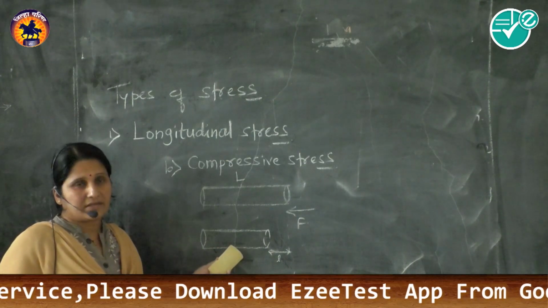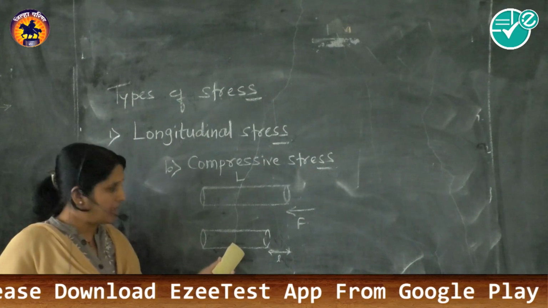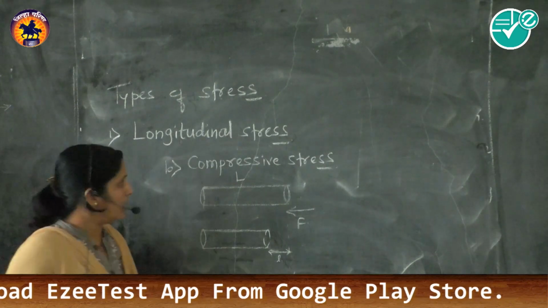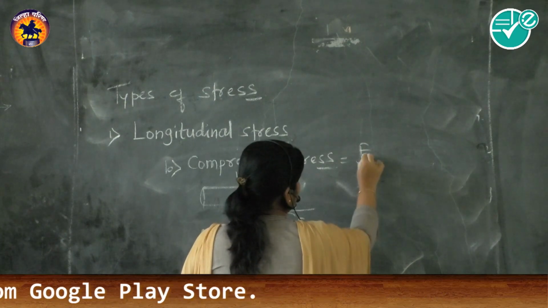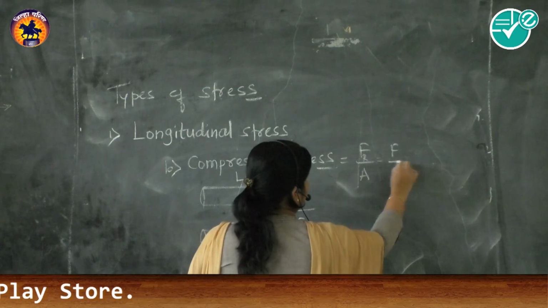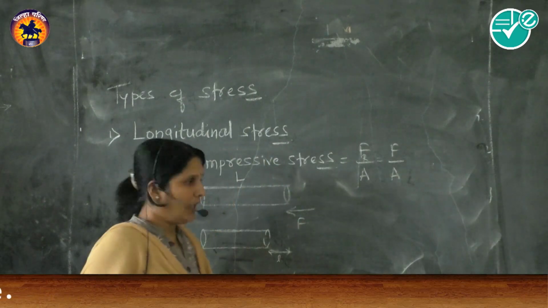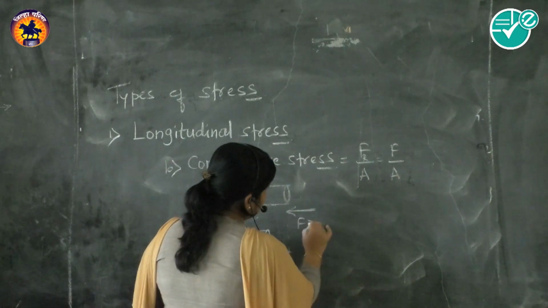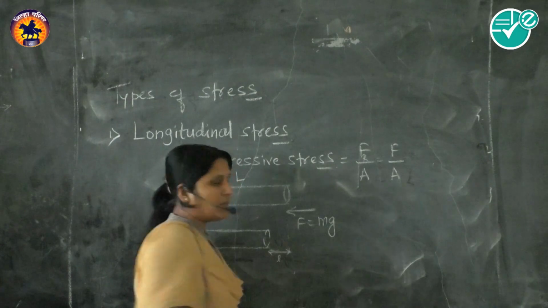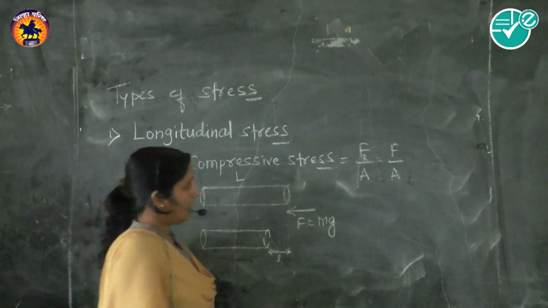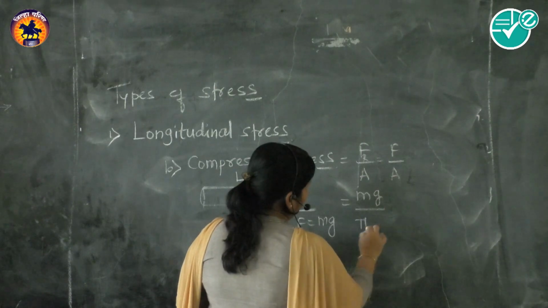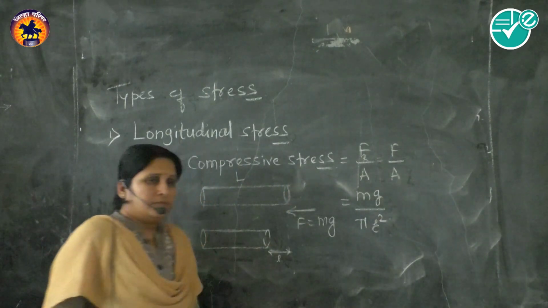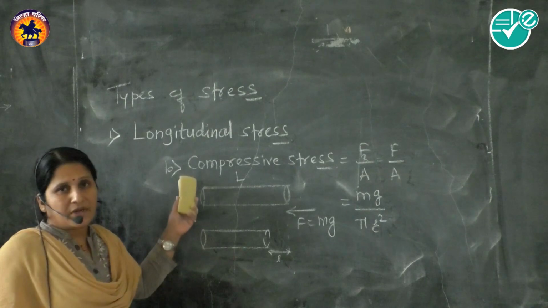Length is decreased. Length of the rod is decreased, length of the wire is decreased. And again formula for this is F by A. F is again, we are applying force, means it should be equal to mg. We must apply load, then we can apply force there. And that is equal to mg divided by pi r square. So this is compressive stress.